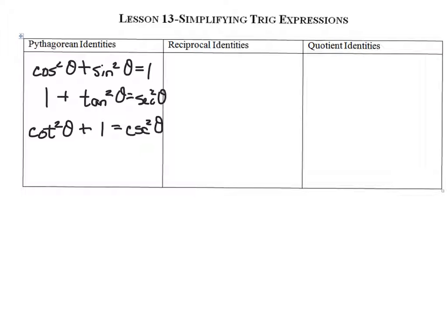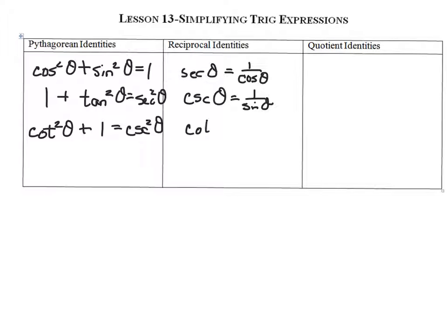In the next box, let's write down our reciprocal identities. So our definitions for the reciprocal functions: the secant of theta is just the reciprocal of cosine, so 1 divided by cosine. The cosecant of theta, that's the reciprocal of sine, so cosecant is 1 divided by the sine of theta.